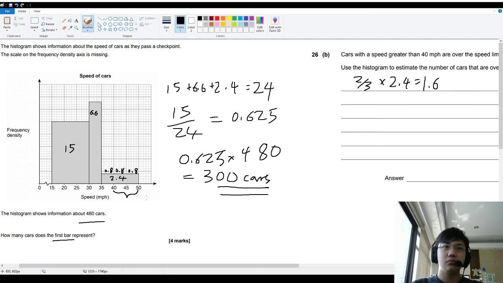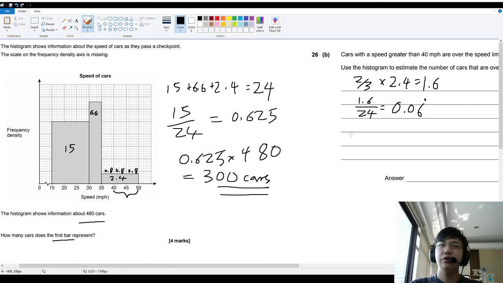So this area here is 1.6 squares. So 1.6 over 24 gives us a fraction of 0.06 recurring out of 1 for the proportion of cars that are over the speed limit.